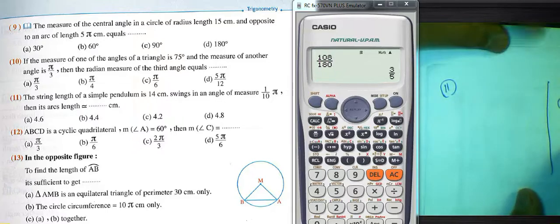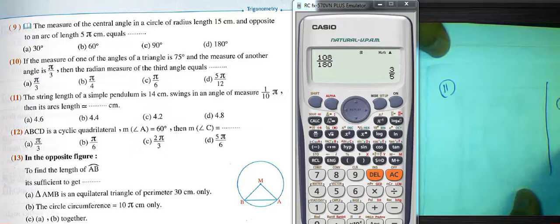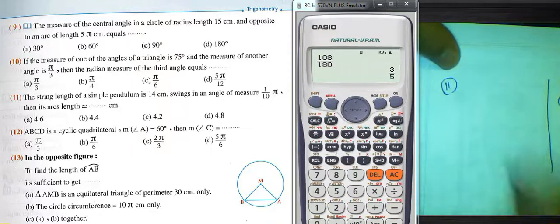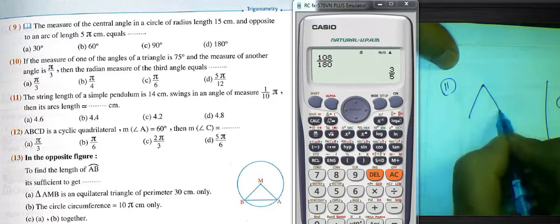The string length of a simple pendulum is 14 centimeters, swinging through an angle of measure 1 over 10 pi. The arc's length equals what? This is the pendulum.